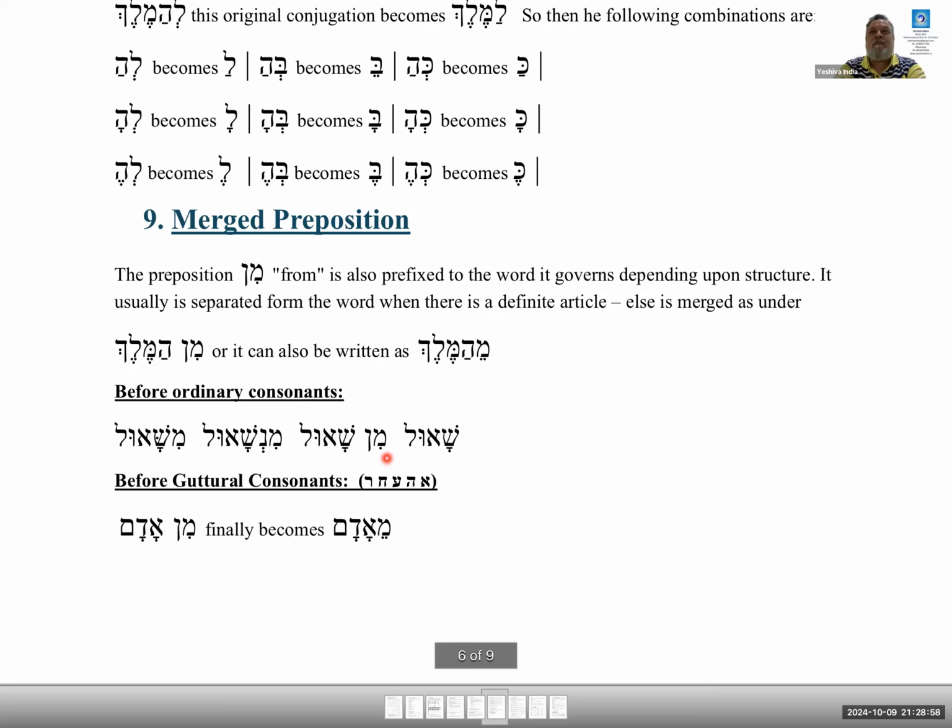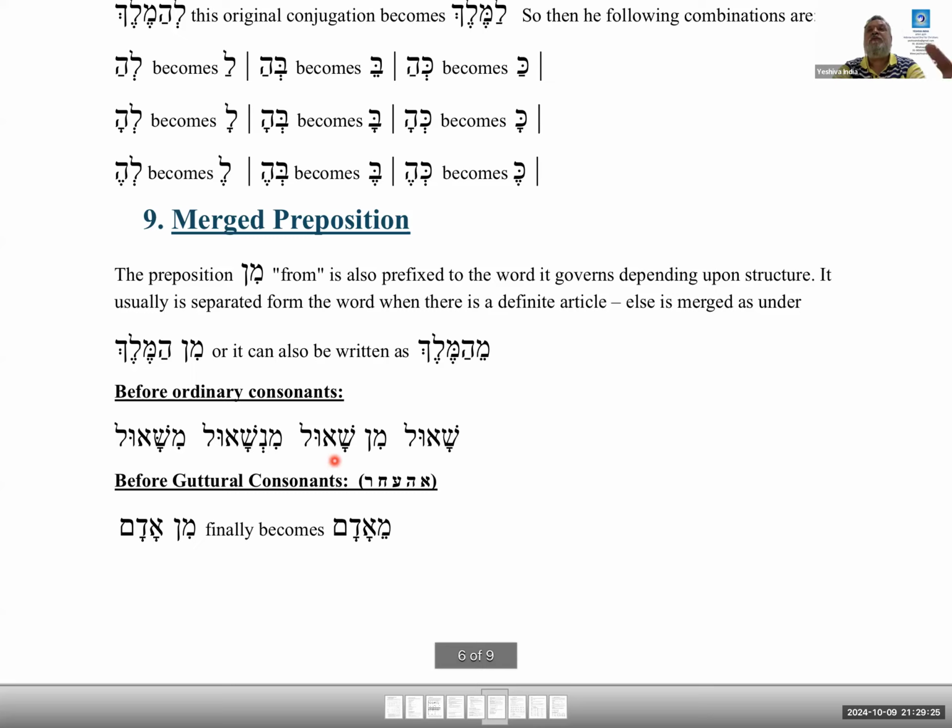It's because sometimes speech dominates construct words. So it's like you're constructing words according to how you're speaking. It's a nuance. Got it? So there's nothing wrong with min Shaul. It's grammatically perfect.